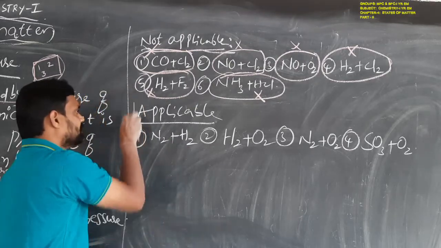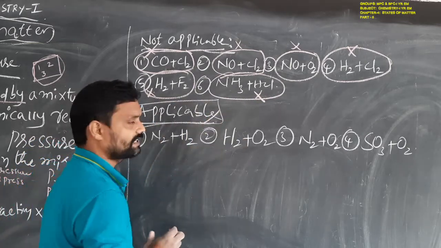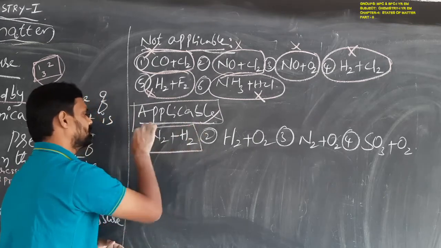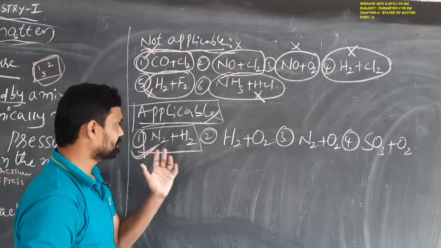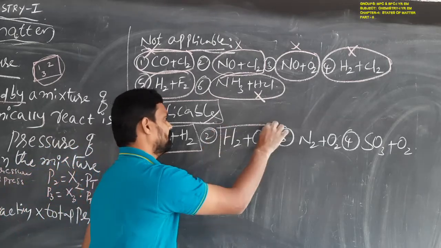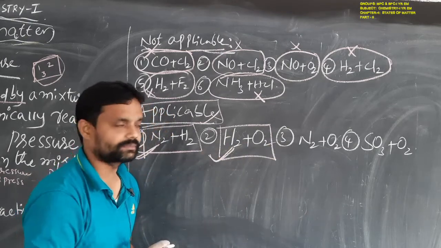Dalton's law is applicable when the gases chemically do not react with each other. What are the examples? Example, nitrogen and hydrogen gas. Dalton's law is applicable for these types of mixed gases. Similarly, hydrogen and oxygen gas, Dalton's law is applicable.